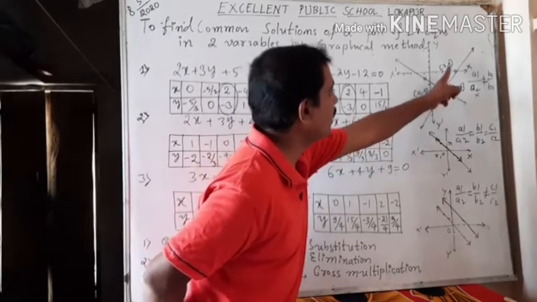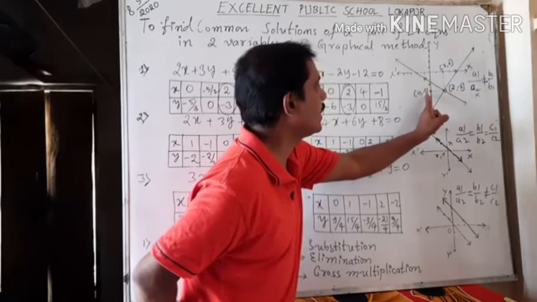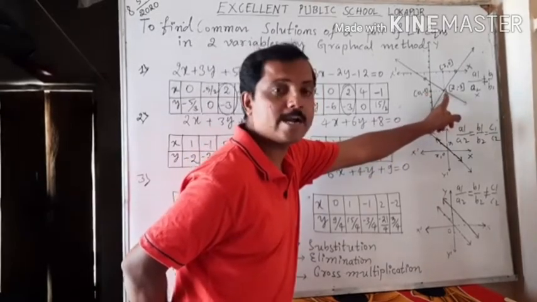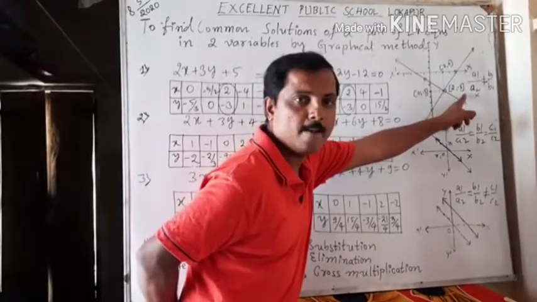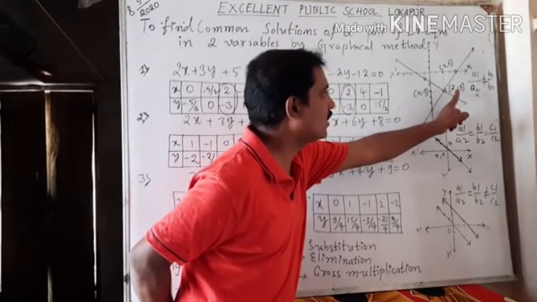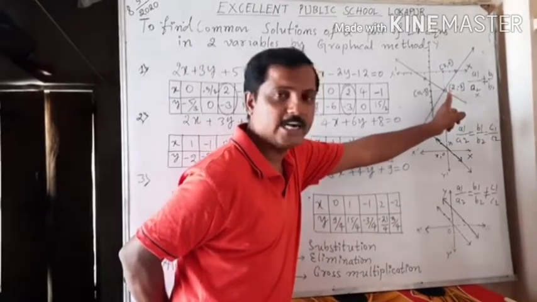You have to take this as x value and this -3 as y value. And what are the coordinates of this point of intersection? 2, -3. Here 2 is the x coordinate of this point of intersection and -3 is the y coordinate of this point of intersection.